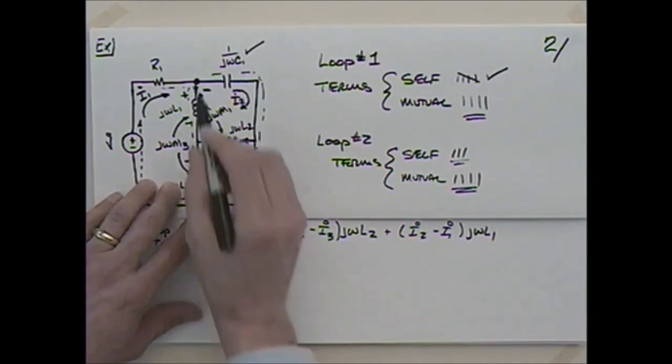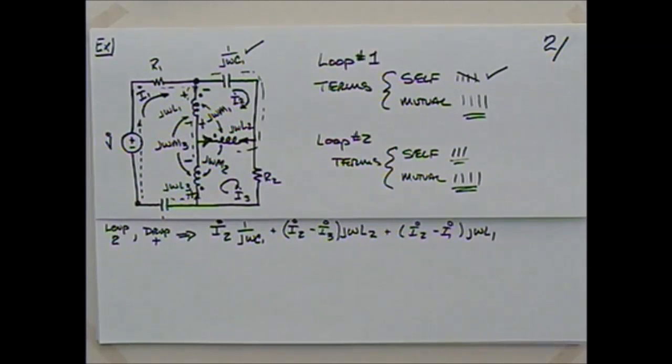That gets me back to the starting point. So those are the self terms, right? I was expecting 3. I've got 3. Let me double check that before we move on. Okay, I think we're good.